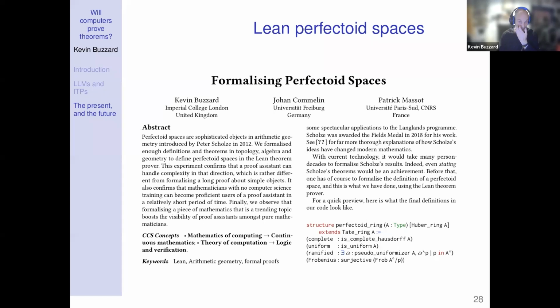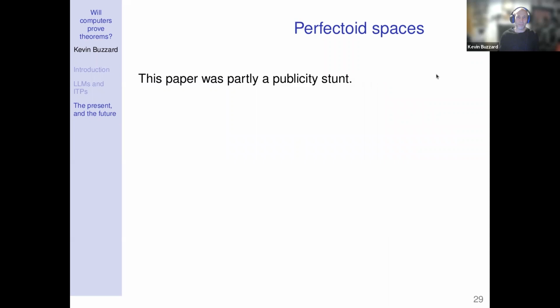We got a paper out of that as well, published in a computer science journal. You can tell that because it's sort of double two columns. That's the giveaway. But we had to go with their funny ideas about what a paper looked like. But at the end of the day, the reason we did this was to raise awareness of the area. I mean, it was to see if Lean could handle a complicated definition like perfectoid space.